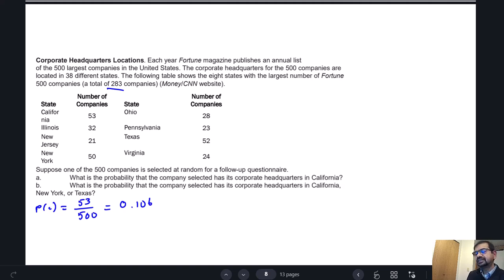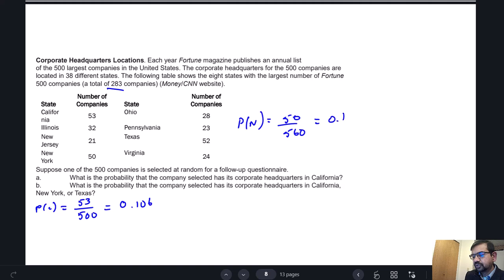Let B be the event that the company selected has headquarters in California, New York, or Texas. In this case, we will now add up the probabilities. So let's first find the probability that the company has a headquarters in New York. In New York, we have 50 companies. Our sample is 500.